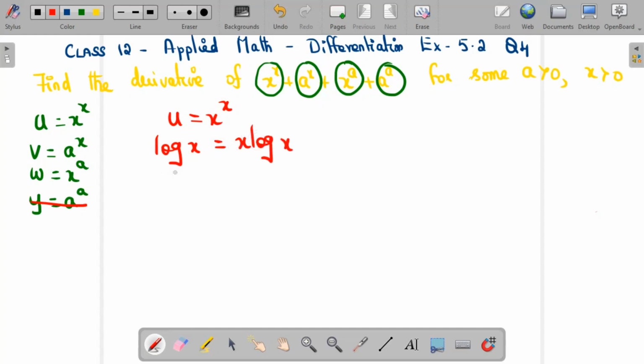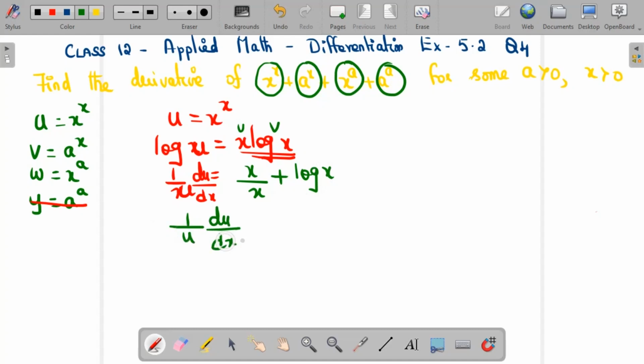If you differentiate the left side, it is going to be 1 by u du by dx, and this is going to be treated as a product uv, so u is going to be x and v is going to be log x. So uv dash: x into 1 by x plus log x into the differentiation of x, which is 1. So this is 1 by u du by dx is equal to 1 plus log x.